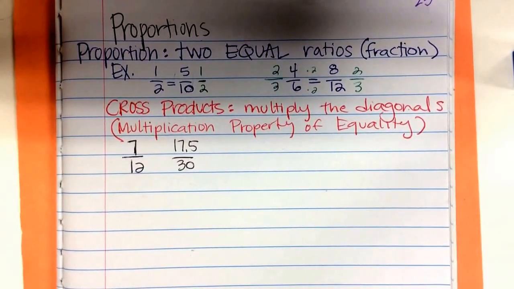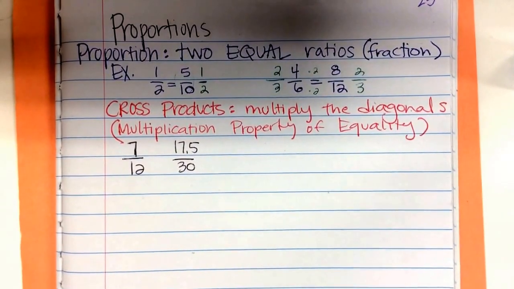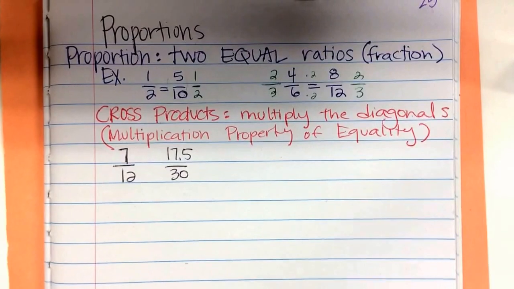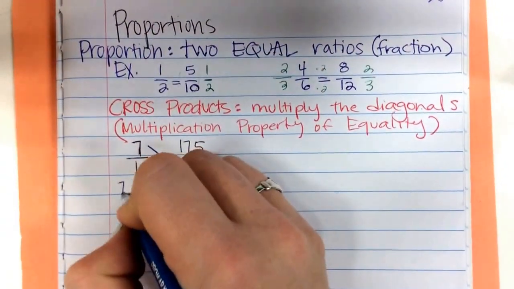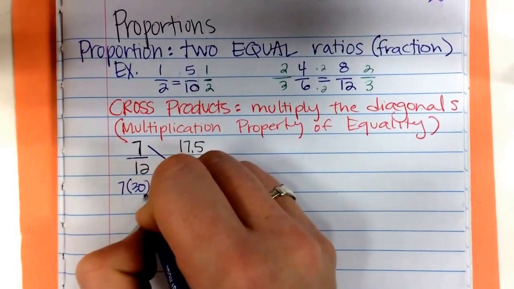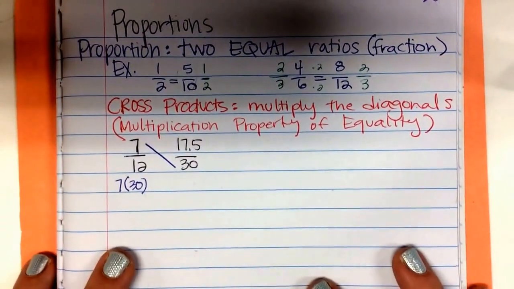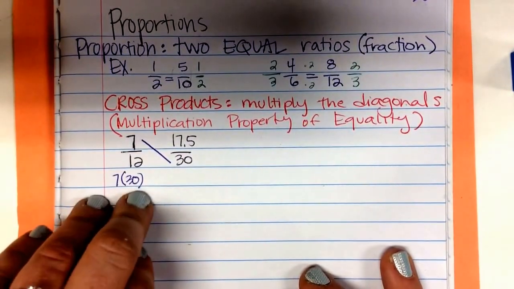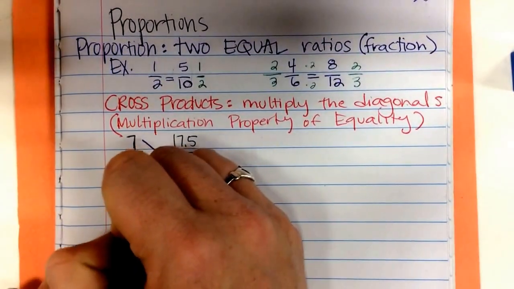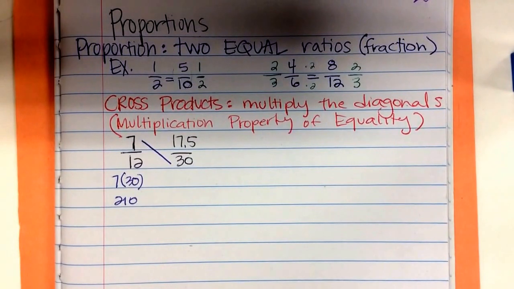So what does that mean? Haley, what's one of them? 7 times 30. And what is 7 times 30? 210. Good.